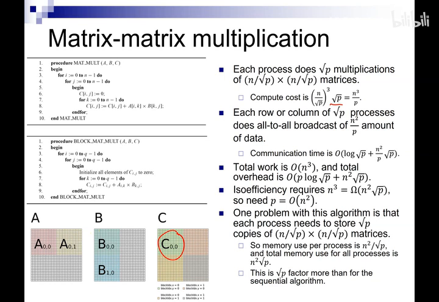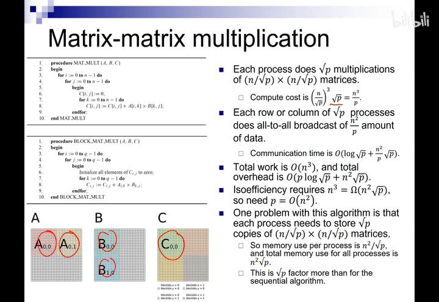Then each process ends up with root p of these matrices: all of the blocks along the first row of blocks, and all of these blocks in the first column. Each of those has size n squared divided by p.